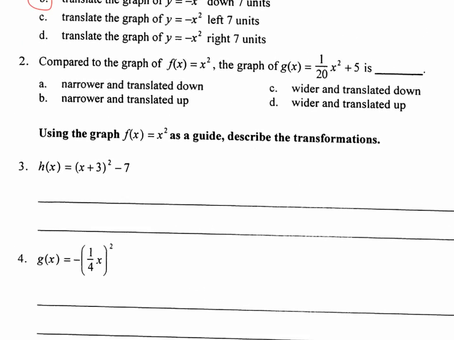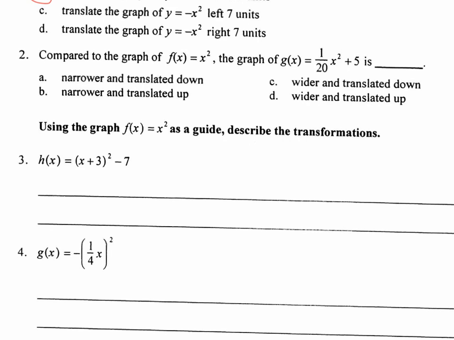Compare the graph of f of x equals x squared to the graph of g of x, which is equal to 1/20th x squared plus 5. So what happens from the a value of 1, which is a regular U-shaped curve, and when you get it closer to 0, this is a vertical stretch or compression. Well, it's definitely less than 1. 1/20th is hardly anything.